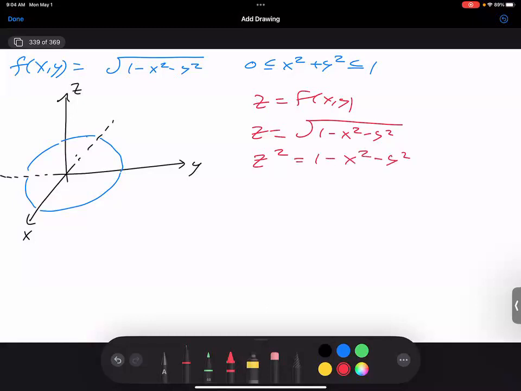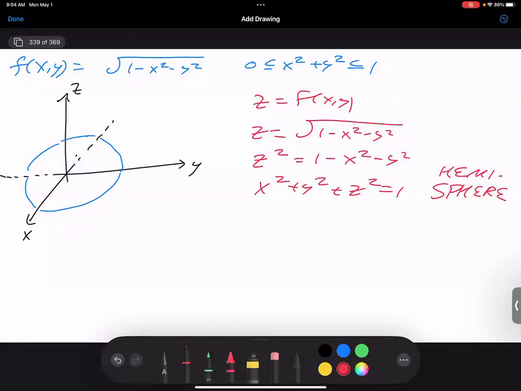How could we rewrite that? Yeah, so this is just x squared plus y squared plus z squared equals 1. This is a sphere. Or maybe a hemisphere, because I'm taking the positive square root.